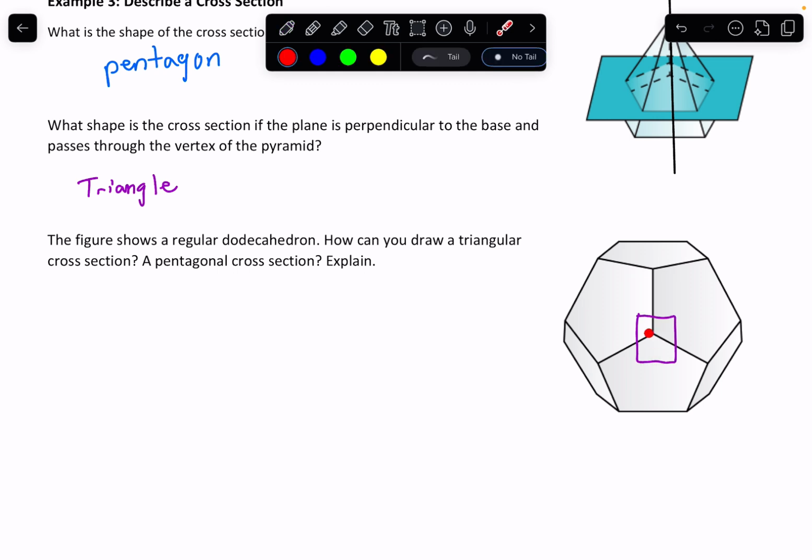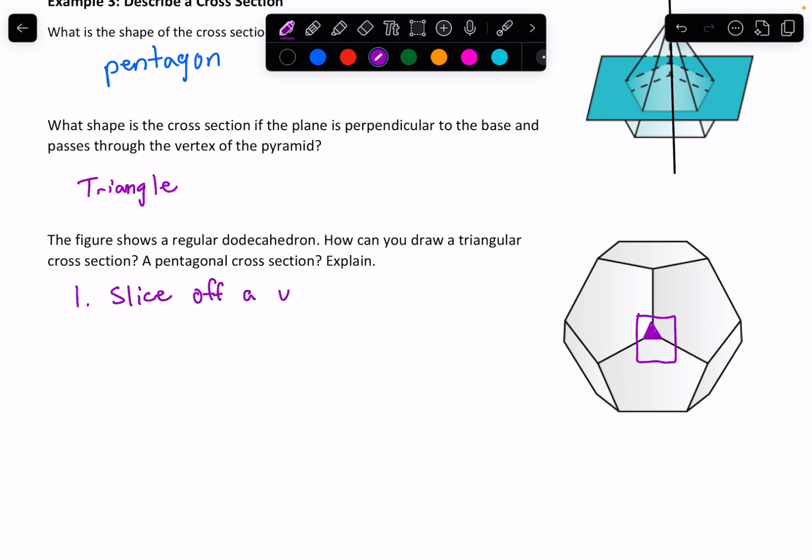Then I would create a little bitty triangle. Let's see if I'm able to draw this. There we go. If I slice through right there, I'm slicing off this itty bitty triangular piece of the corner in the dodecahedron. So thing number 1, we would slice off a vertex.